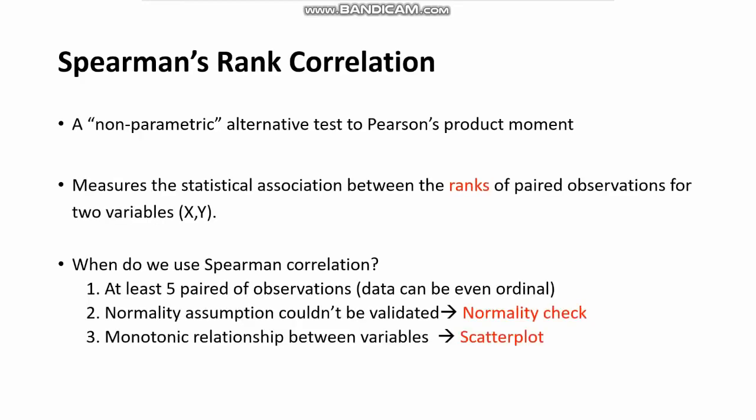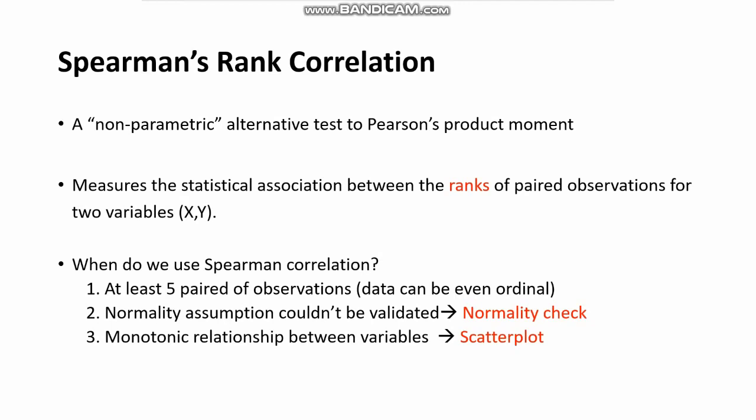So the next type of correlation is the Spearman rank correlation. A Spearman rank correlation is a non-parametric version of Pearson correlation. It is used to measure the strength of association, but for two ranked variables, okay? Unlike the Pearson product that works with raw data, in this test, both variables are first converted to ordinal scales, which means that you rank the variables separately.